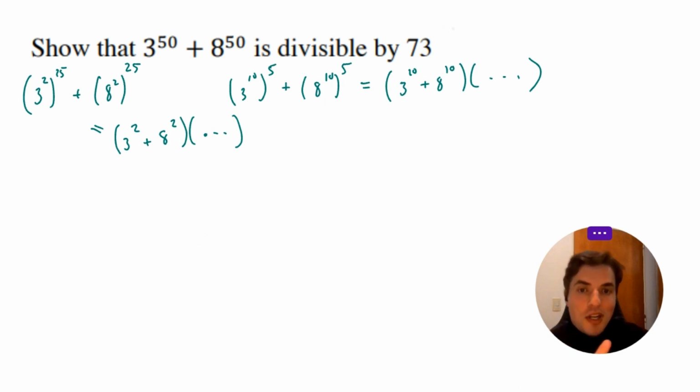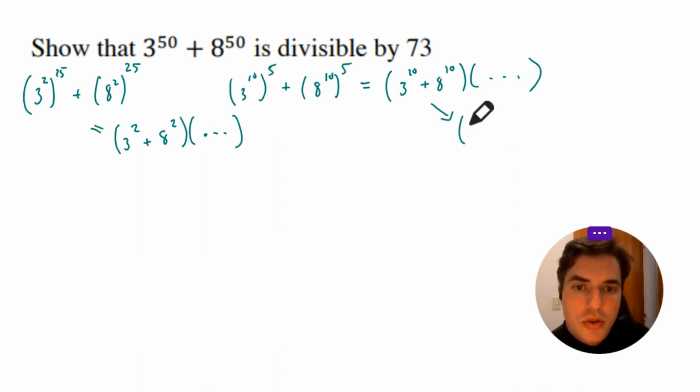Now, if we were to continue with this second one, we would have to say, oh, okay, well, 10, we're not going to do 3 to the 10th, we're not going to do 8 to the 10th. It's certainly not 73 when we add them. So what multiplies to 10 that includes an odd number? 2 and 5. So we would end up from here having to do 3 squared to the 5th plus 8 squared to the 5th, and factor that.